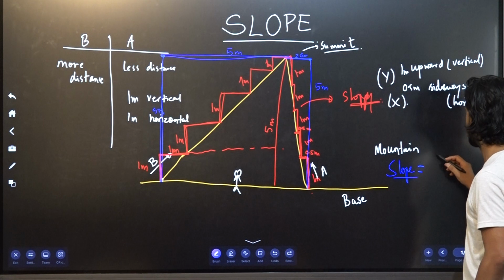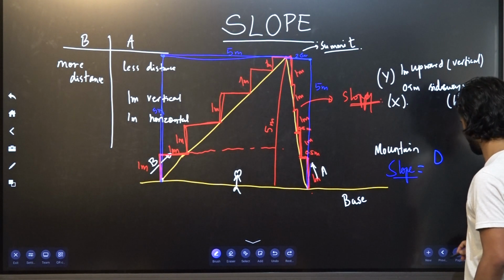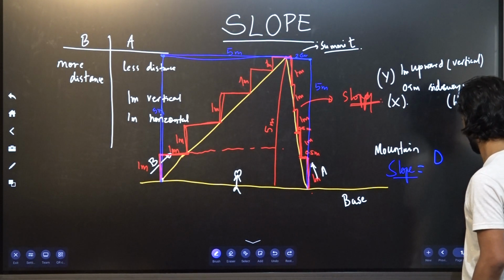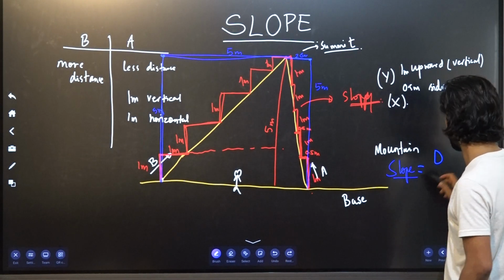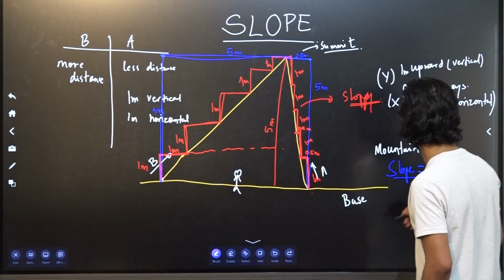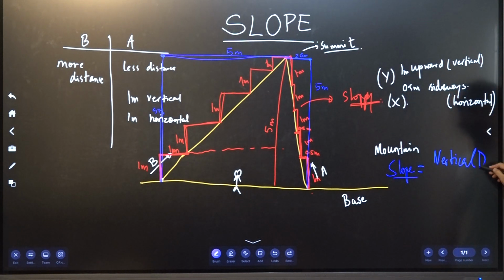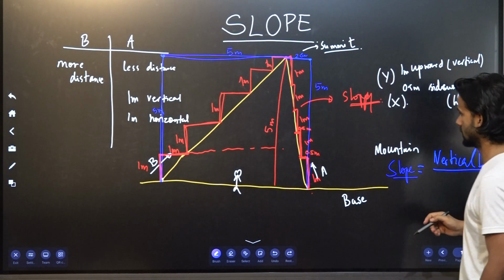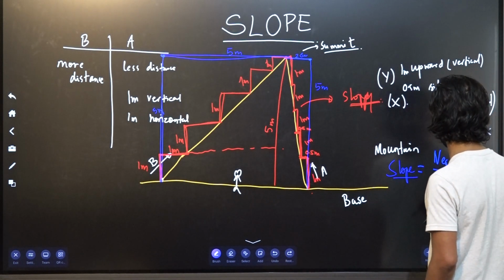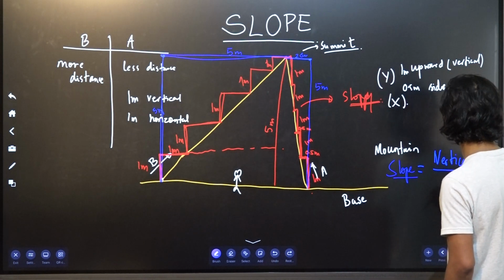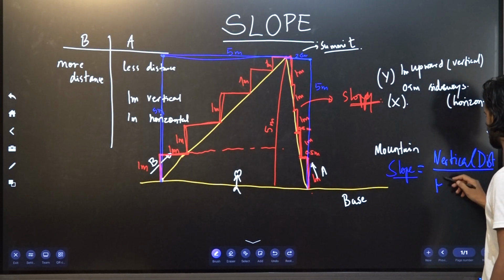Slope is vertical distance divided by, no, sorry, horizontal distance. Yes, you can say vertical distance by horizontal distance.